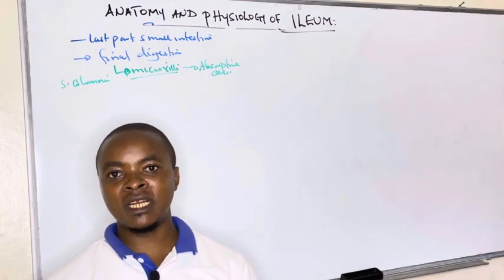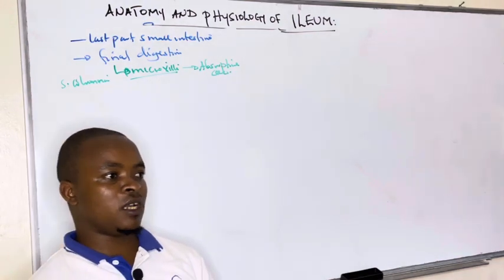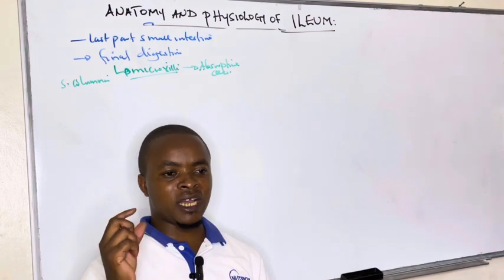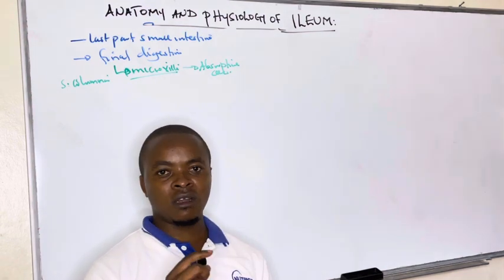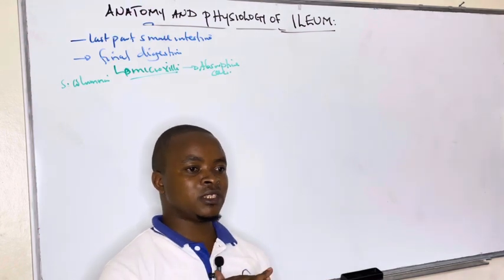Then we saw the muscularis, made up of the outer longitudinal and the inner circular layers. And this is made up of smooth muscles. And we said that in between the outer and the inner layers, you have what you call the myenteric plexus. Then it ends up with the serosa.